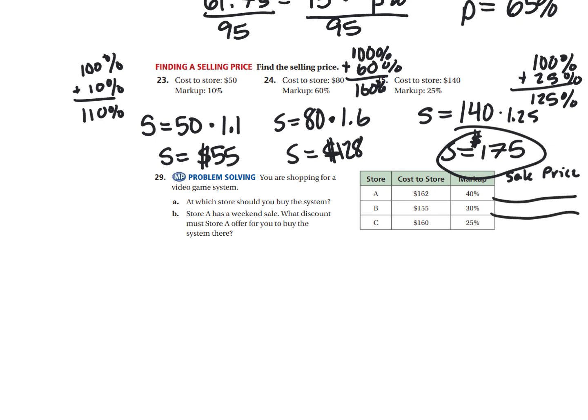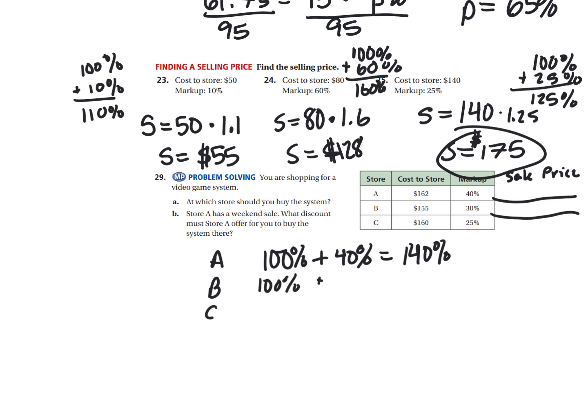Okay. The first one, right, I'm going to use this equation where 100% would be my full cost. And this is a markup, so I'm going to add each markup. Right, so store A's markup would be 140%. Store B's markup is going to be 30%.